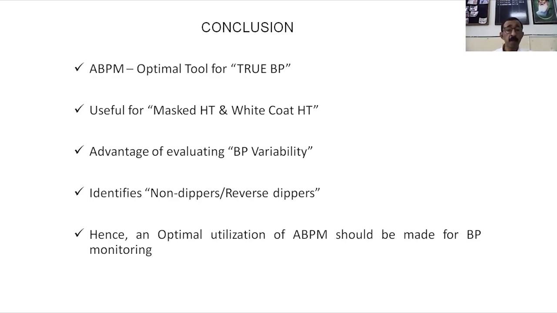Another important aspect is that it identifies normal dippers from non-dippers and reverse dippers, which are independent risk factors. Hence, optimal utilization of ambulatory blood pressure monitoring should be made for blood pressure monitoring.